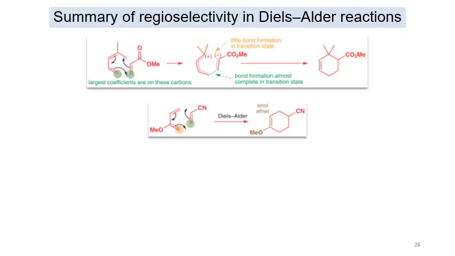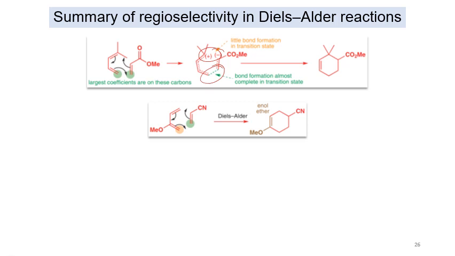So there is a bit of a bonding difference when these dienes and dienophiles are substituted. When this is highly electron rich, it is found that the bond formation is almost complete in the transition state at this particular point, whereas at this particular point the bond formation in the transition state is slightly slow, thereby leading to reactivity change in the Diels Alder reaction.